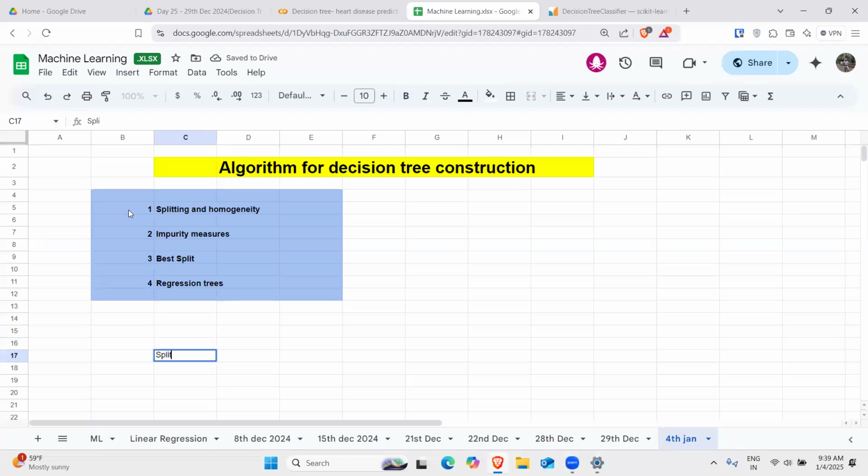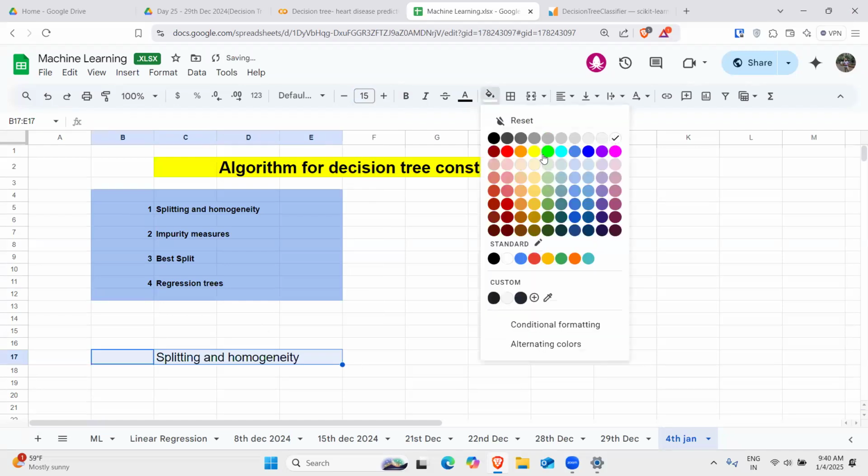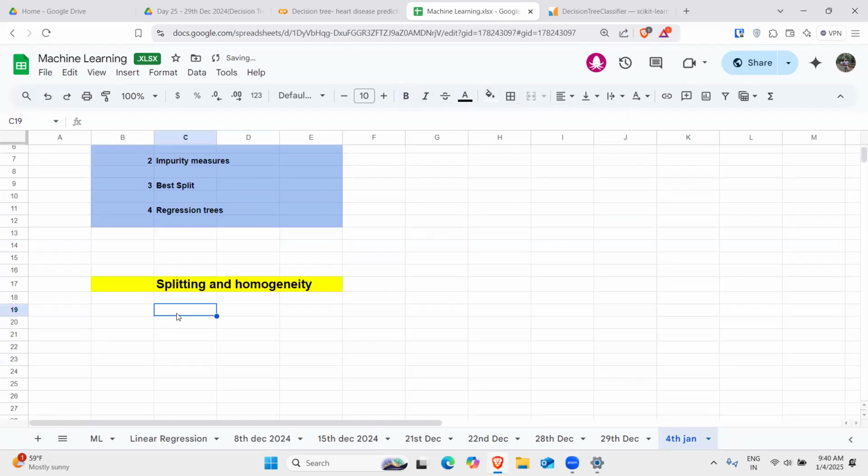So let me add a heading. Right? Okay. So recall the scenario from session one where you were a doctor asking a series of questions to determine whether a person has heart disease or not. Based on your past experience with other patients, the answers to these questions would finally lead to a prediction depicting whether the person has heart disease or not.